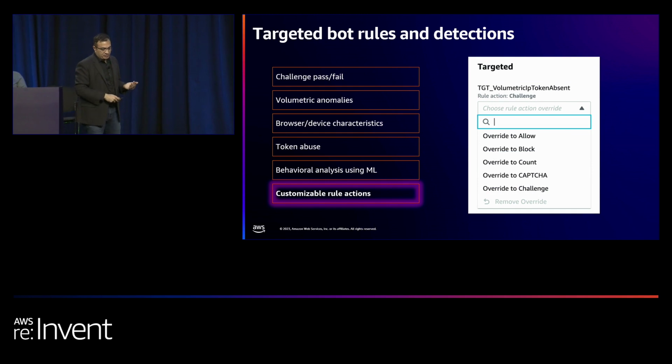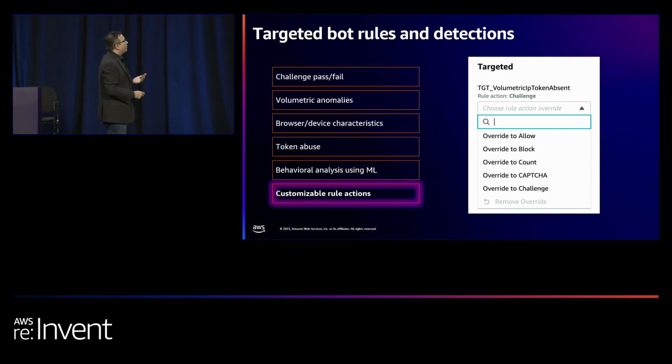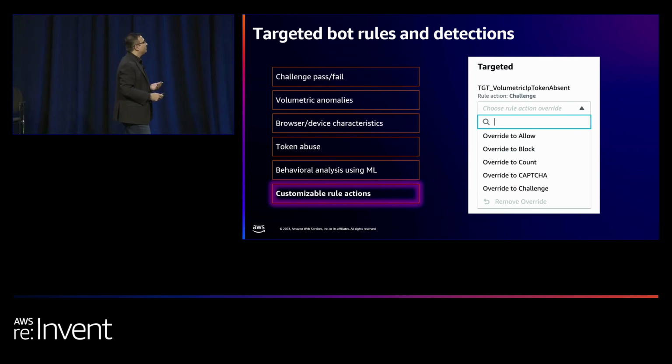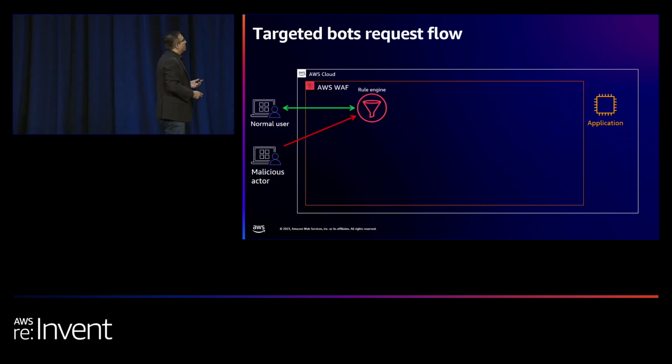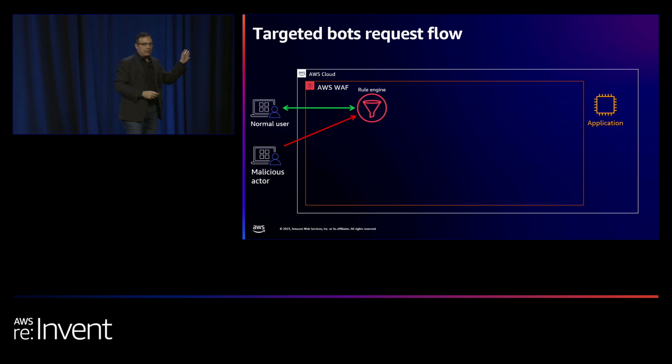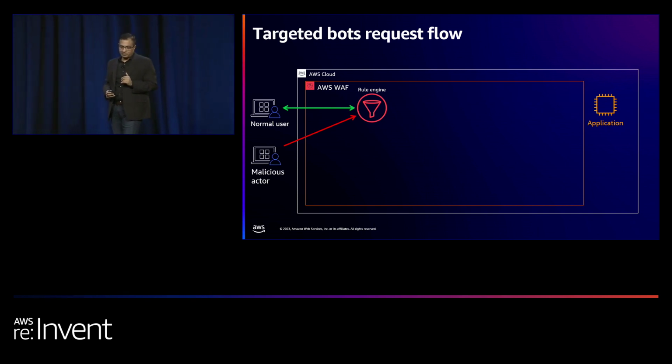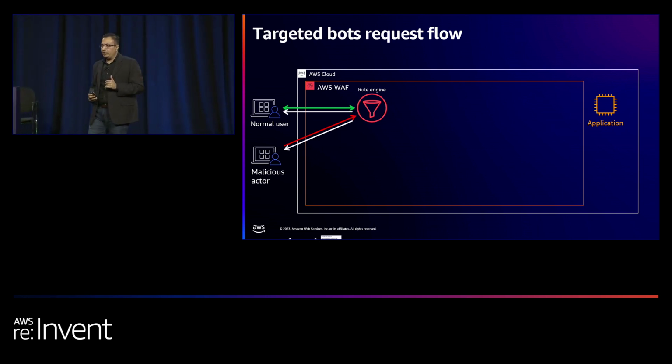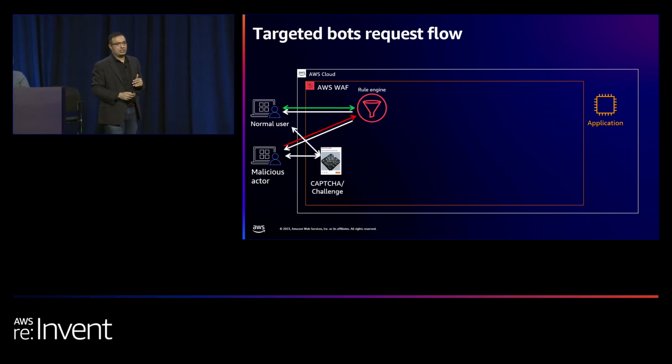In targeted bots, you can also customize the rule actions for each one of the rules. So in this request flow, this is the same diagram that you saw earlier, but I'm going to introduce a couple of new things here. First, when a request comes in, we issue a redirect to a silent challenge or a CAPTCHA.